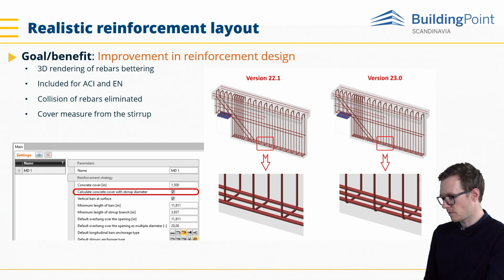It means cover is measured from the stirrups and not from the longitudinal bars. The reinforcement layout is also closer to reality. Improved 3D rendering of reinforced rebars. Longitudinal rebars do not collide with stirrups as they did in version 22.1.